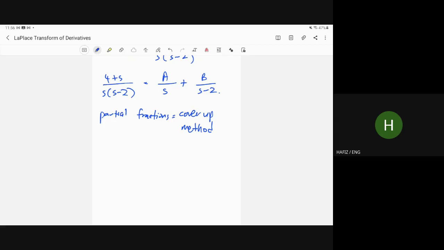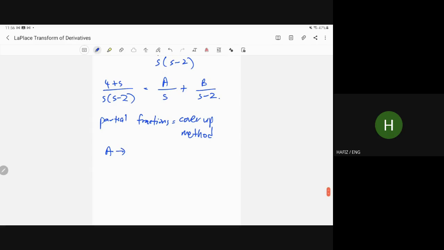So basically it's called cover up because you need to cover up one part of the fraction with your hand and with your mind also. Okay. So for this instance, we want to find A, right? To find A, we set the s value as the value that would set the denominator to 0. So in this case, s is 0.